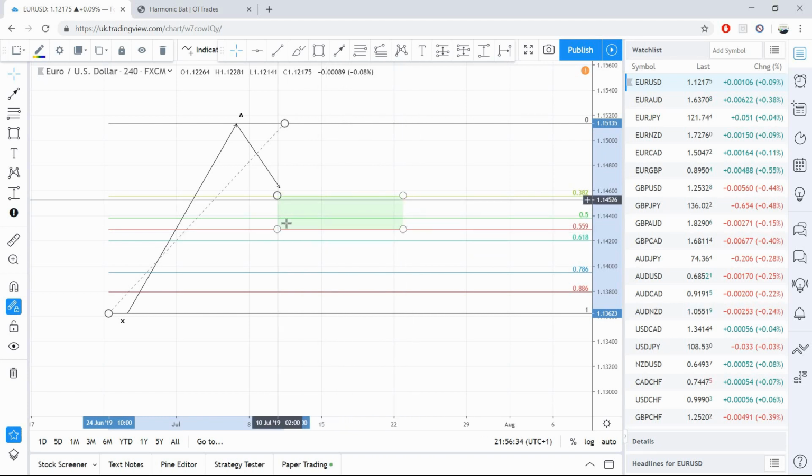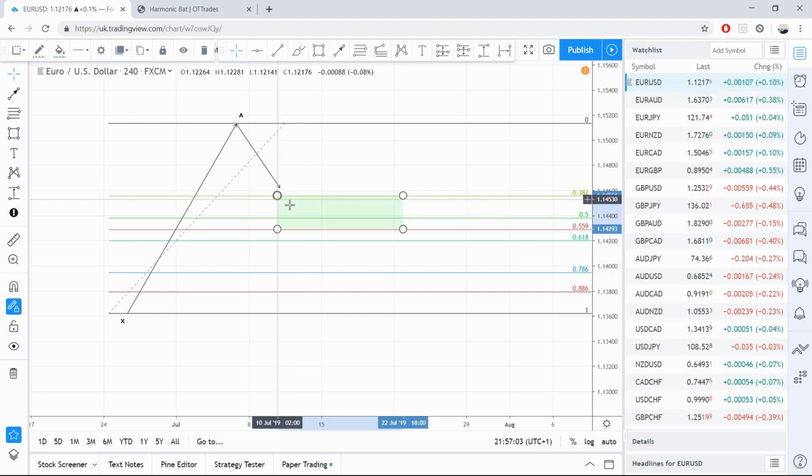So long as price comes within this green box, our B point is valid. Like I said, the wick can exceed 382 and the price can close above it. That's still valid. We'll drag the B point to that wick. However, the wick cannot exceed the 55.9 level. If it does that, the pattern is no longer valid. So the wick and the close of the candle has got to be above this point here in order to form a valid B point.